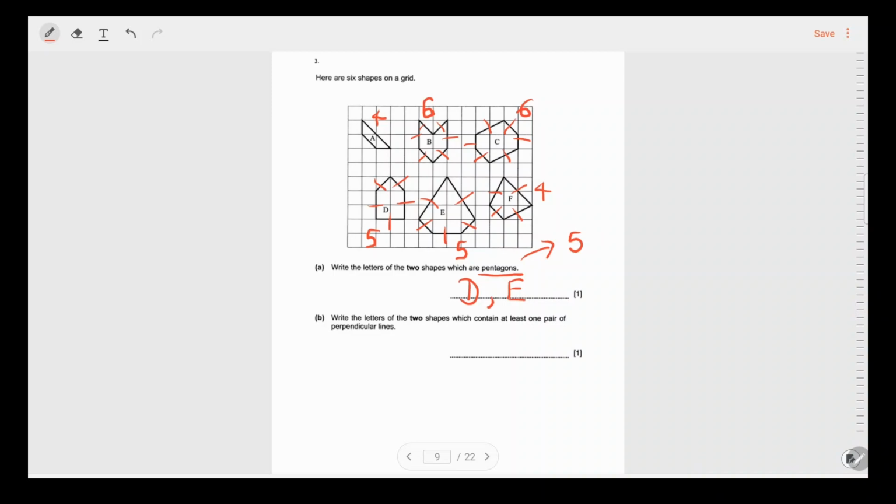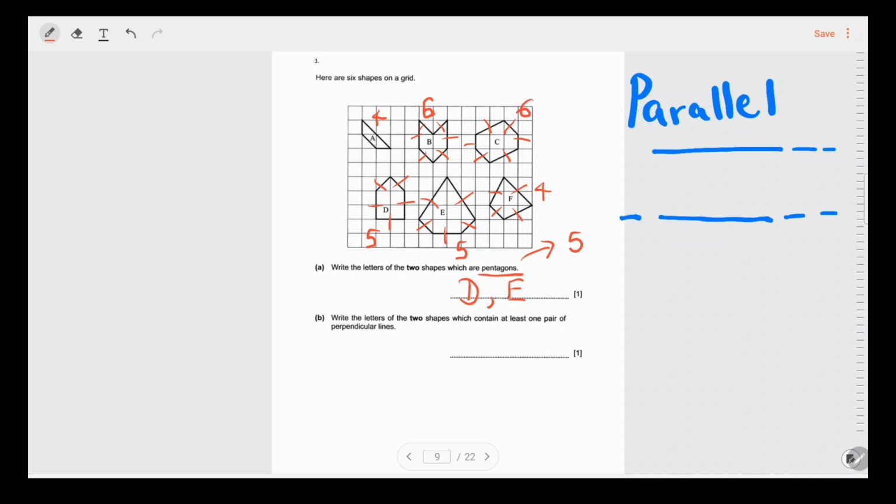Great. The next question is asking you to write the letters of the two shapes which contain at least one pair of perpendicular lines. So let me take you back to perpendicular lines and parallel lines. So parallel lines are lines that do not meet when we extend them in any direction.